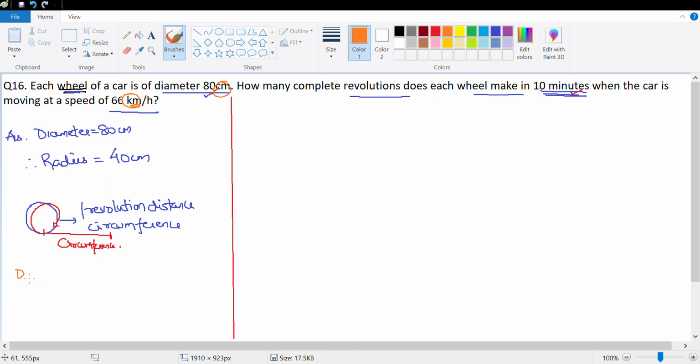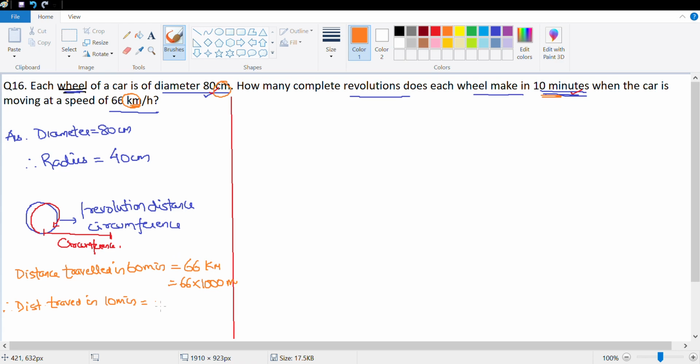So distance traveled in 60 minutes is equal to 66 kilometer, which is 66 into 1000 meter. Next, what will be the distance it will travel in 10 minutes? Therefore, distance traveled in 10 minutes, speed is equal to distance upon time.